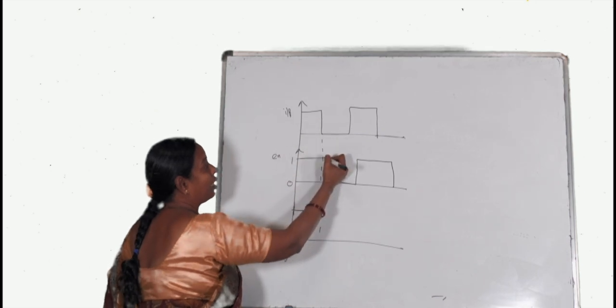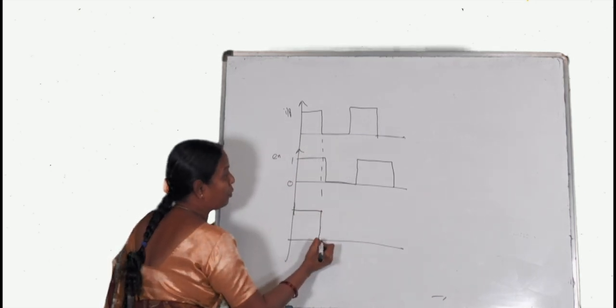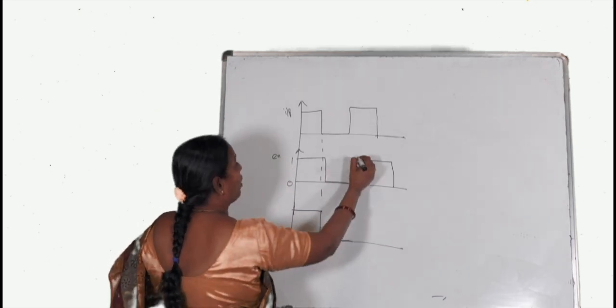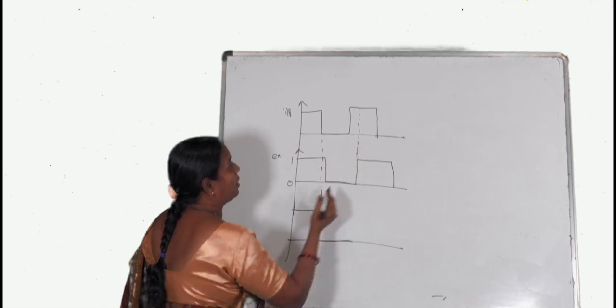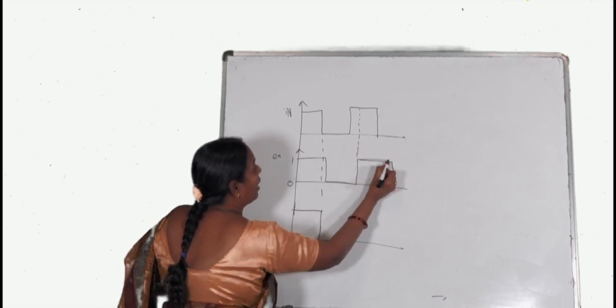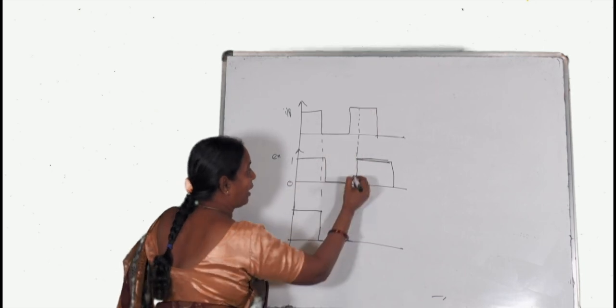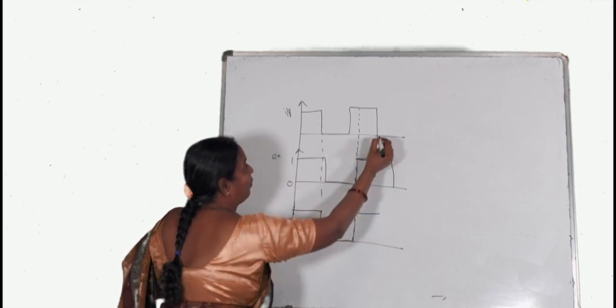See, here the enable is high. Here the value is 0; when enable is low, the output is also low. When you observe this case, here the level is 1, so whatever the input is, it will be reflected again, up to here.